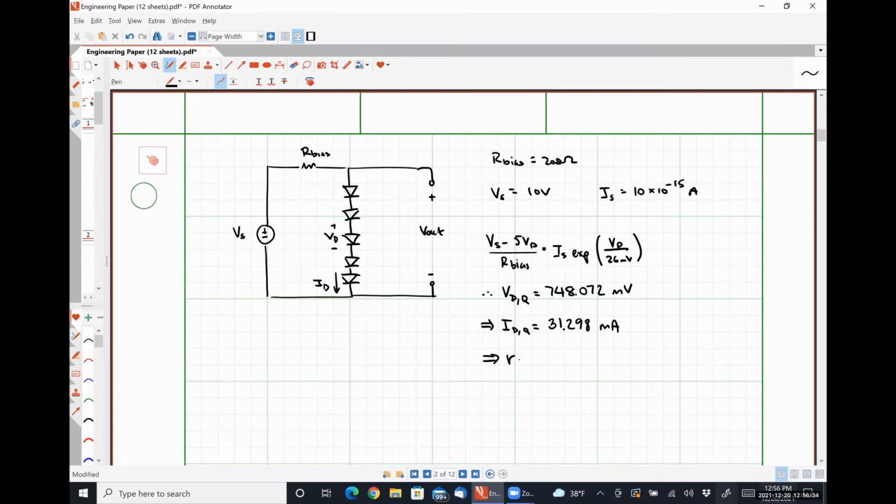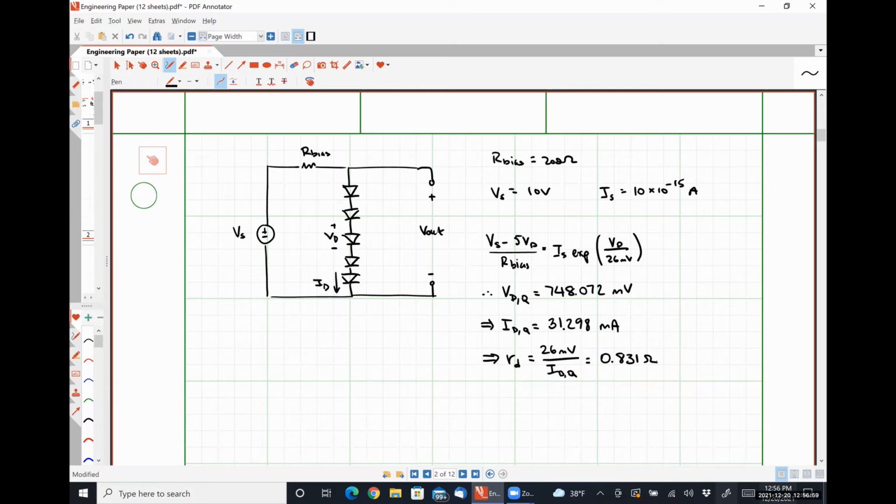And therefore, my dynamic resistance RD is simply 26 millivolts over IDQ, or 0.831 ohms.